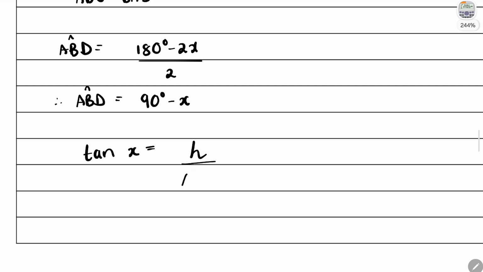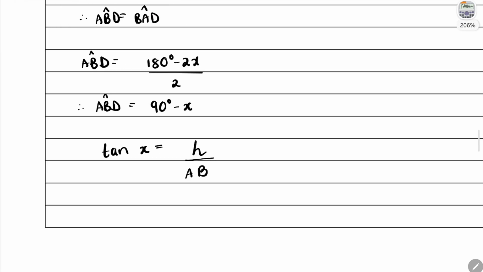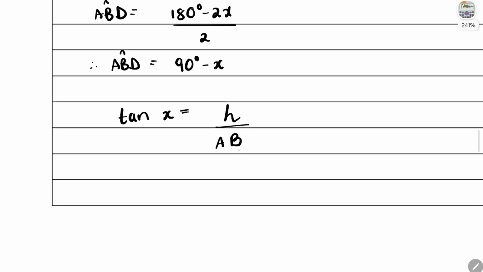So h over AB. To make AB the subject, you can just multiply both hand sides by AB, and so you'll be left with AB tan x here. Then divide both hand sides by tan x to get AB on its own. So AB is equal to h over tan x.